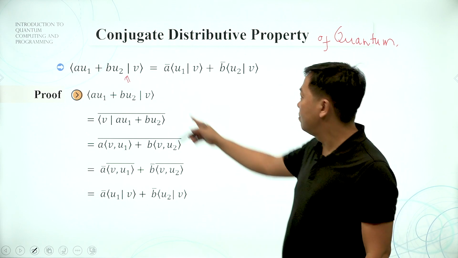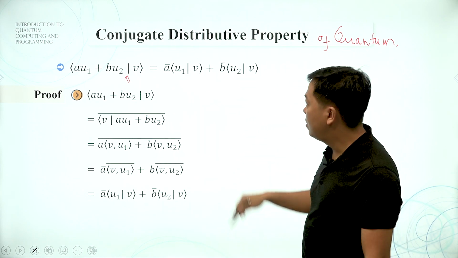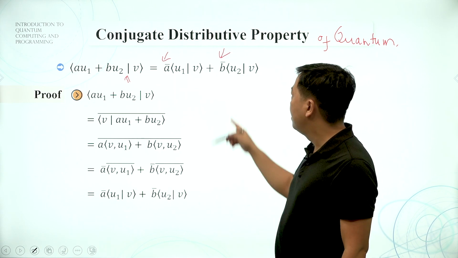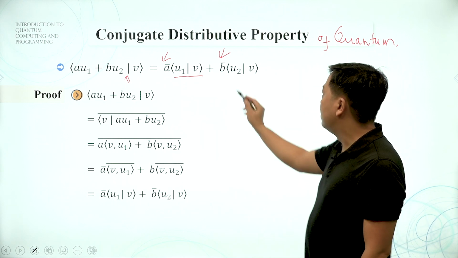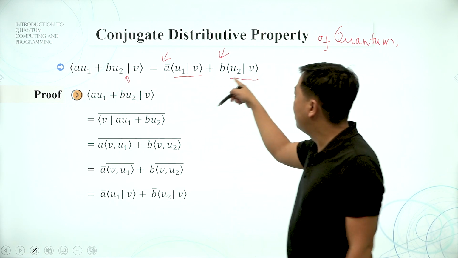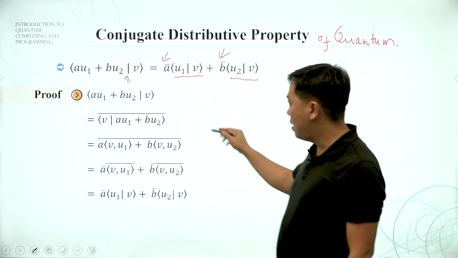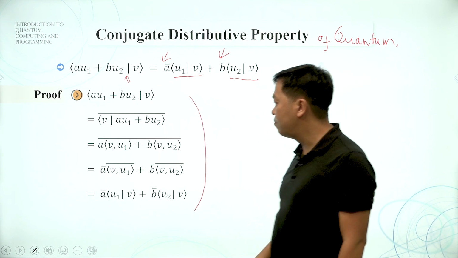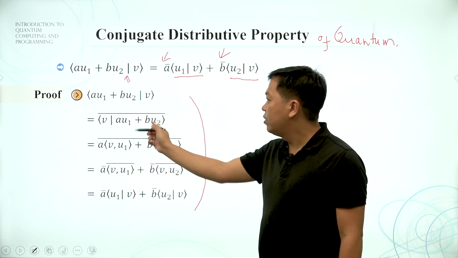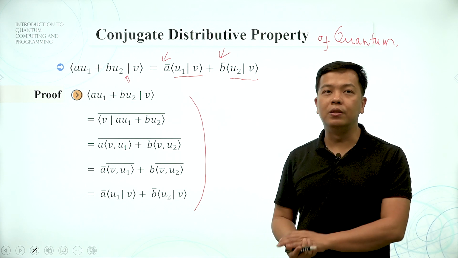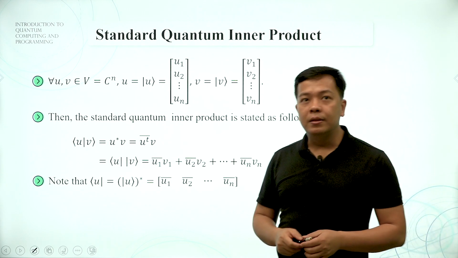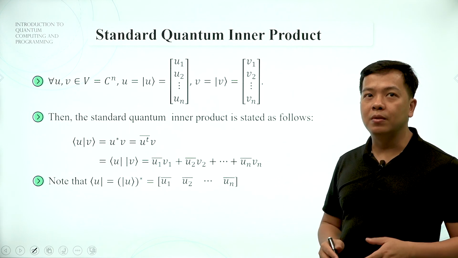For the quantum part it's similar: when we move the constants outside, we need to calculate the conjugate for A and B, and we keep the element of U multiplied with V. This is how the proof goes: you move the conjugate and follow the conjugate formula to split the two parts.